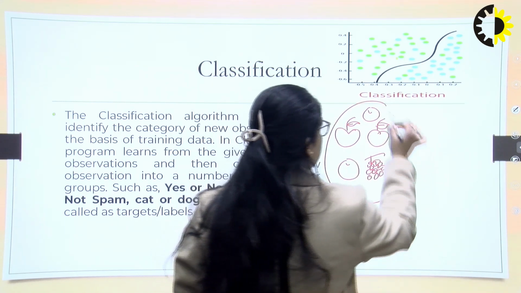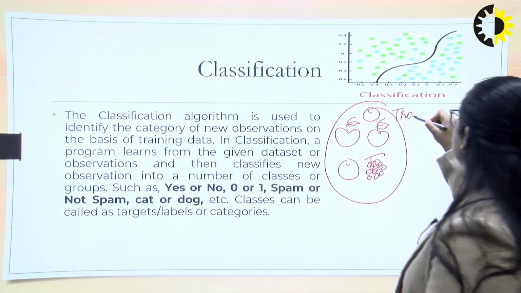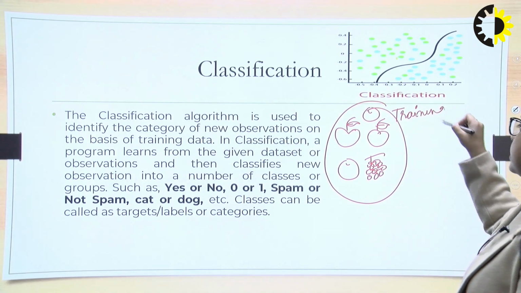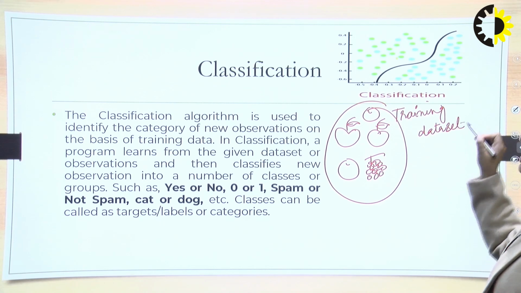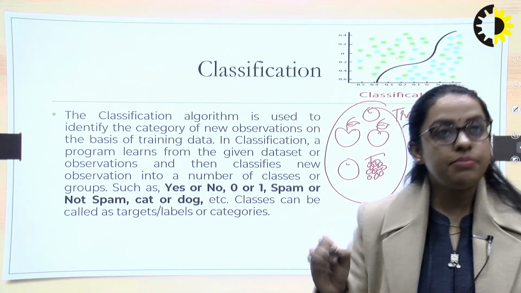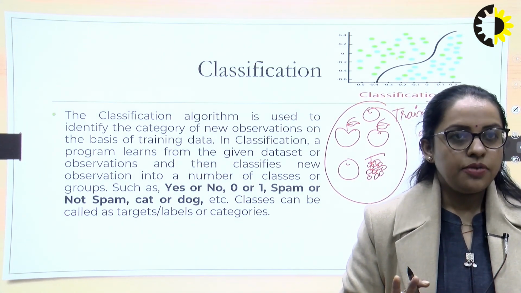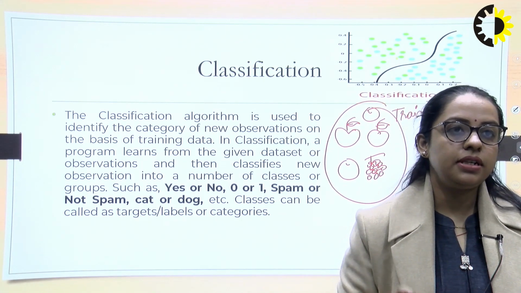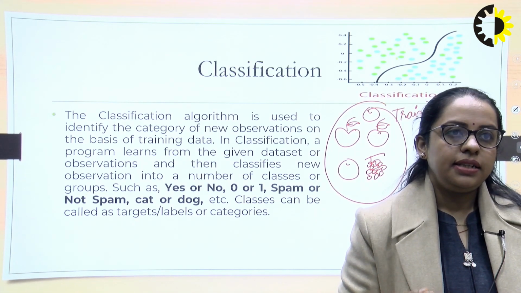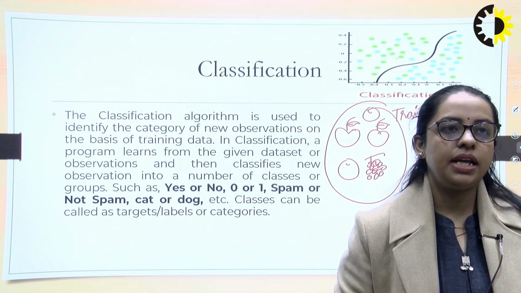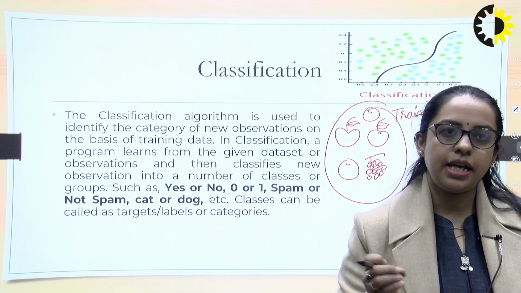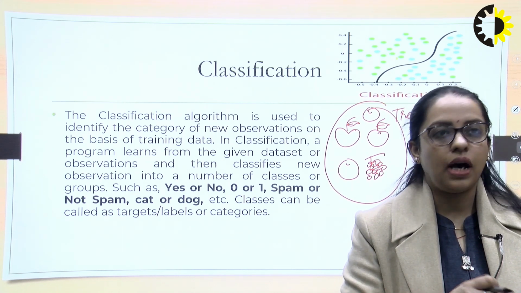This is the training data set, and this training data set is labeled, because the key point of supervised learning is that in the training data set we provide our model with the input along with its output also.